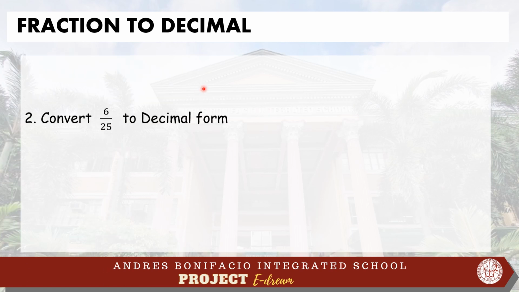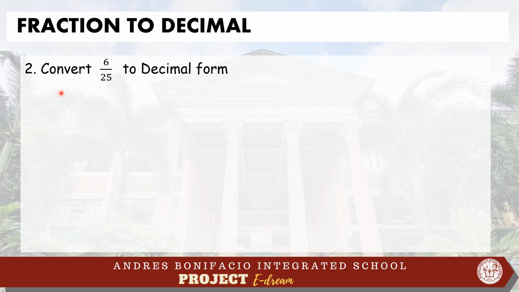Okay, so let's have our second example. Convert 6/25 to decimal form. Okay, so again, we are going to find the equivalent fraction of 6/25. So, yung kanyang equivalent fraction dapat, ang denominator nun is a power of 10.